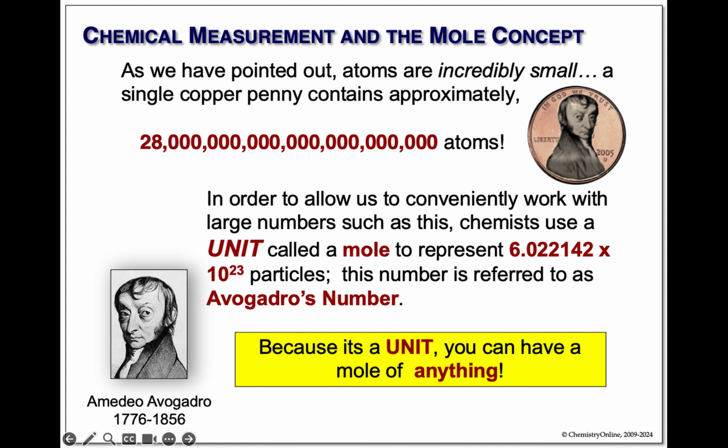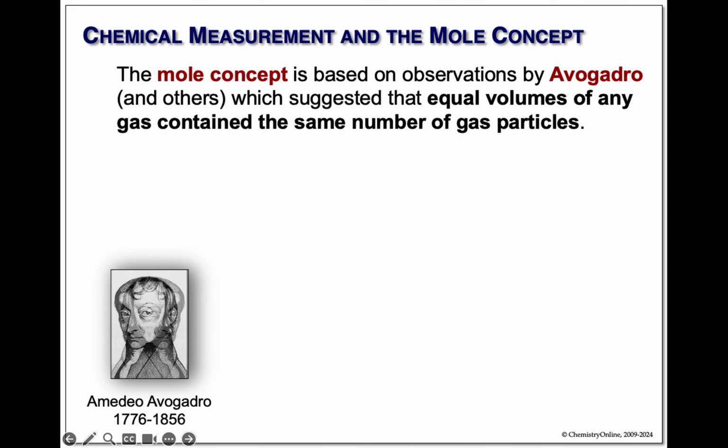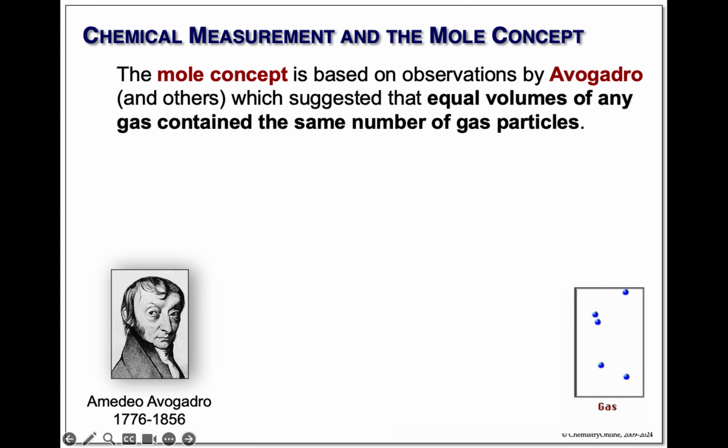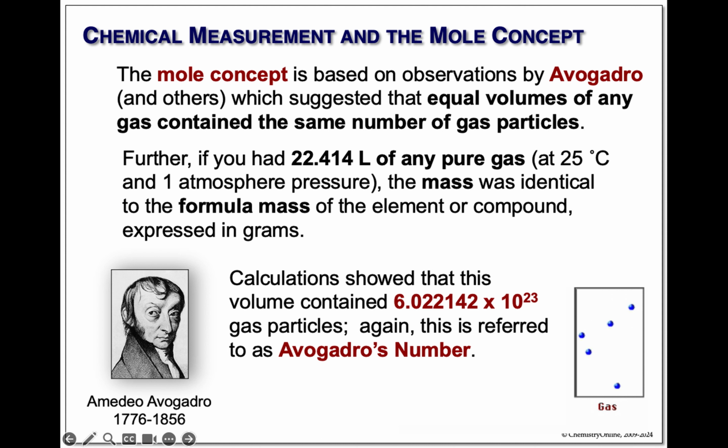It came about through the work of Avogadro and others. He kind of stole this data from other people too. But what he observed was that equal volumes of any gas contained the same number of gas particles. Well, that was a real surprise. It still is to some extent.